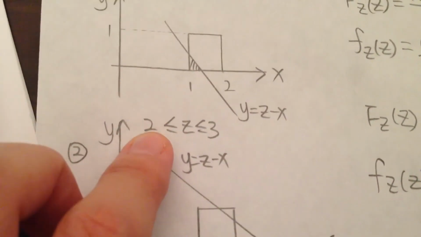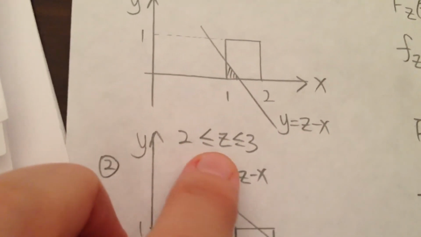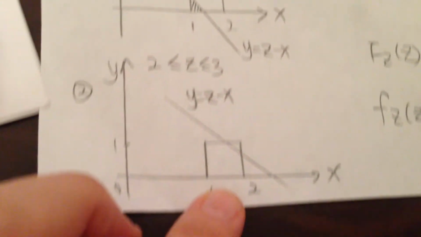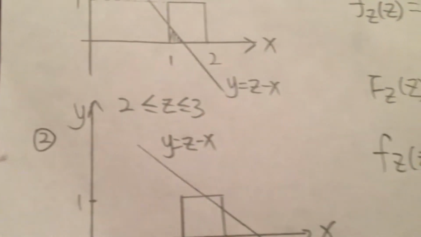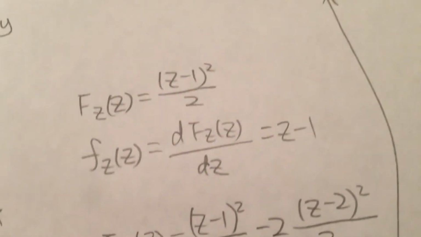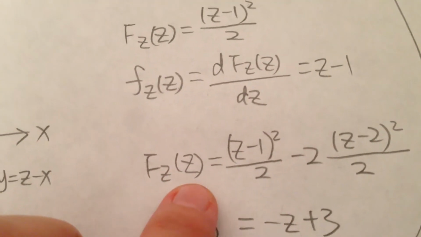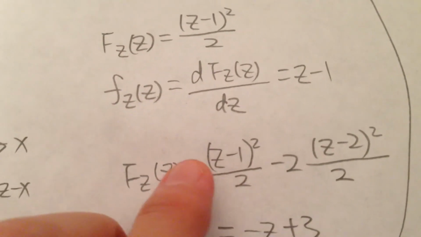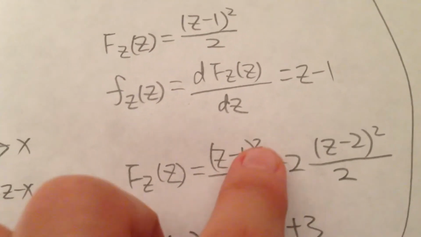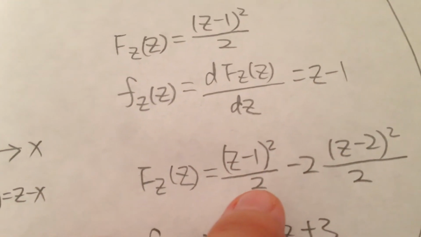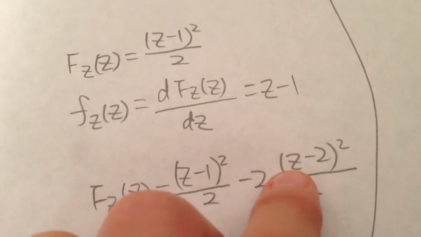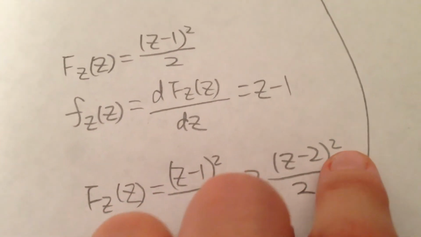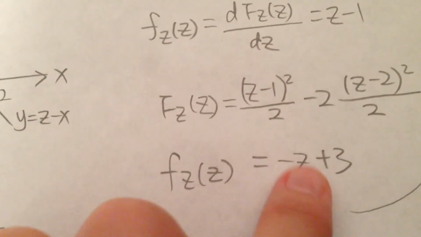If z is ranging from 2 to 3, we can draw the picture like this. For this part, the capital F_Z equals (z-1) to the power of 2 divided by 2 minus 2 times (z-2) to the power of 2 divided by 2.